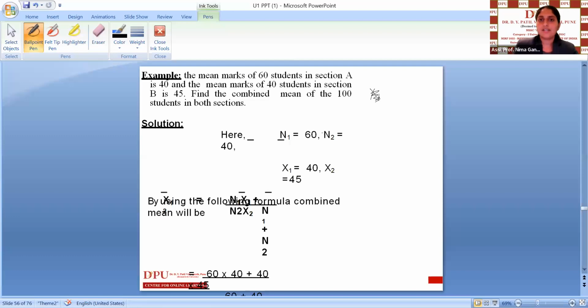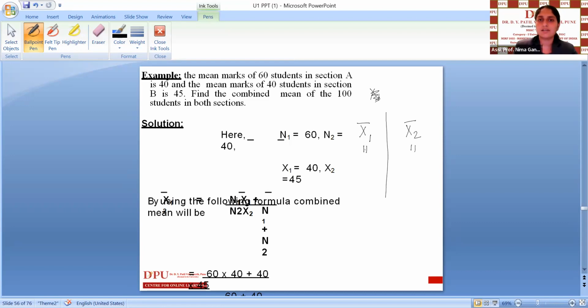Whenever you're finding the arithmetic mean, we denote it by x bar. So I'm taking here x1 bar and x2 bar as the means. The values for x1 bar and x2 bar are given.